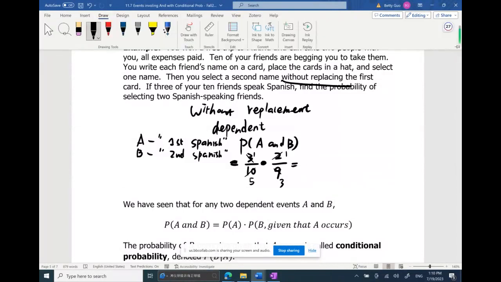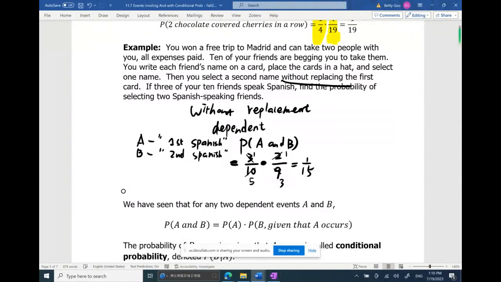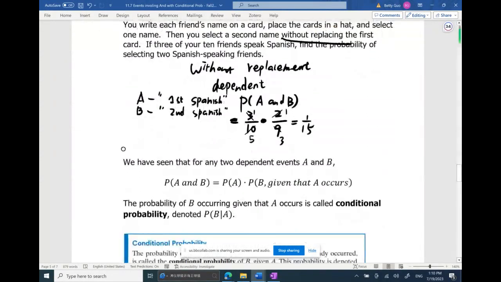The reason you need to take algebra before taking this class is because the calculation part uses algebra knowledge. All right, so that is a very good example of finding the probability of A and B.